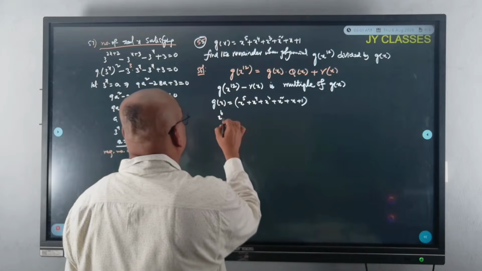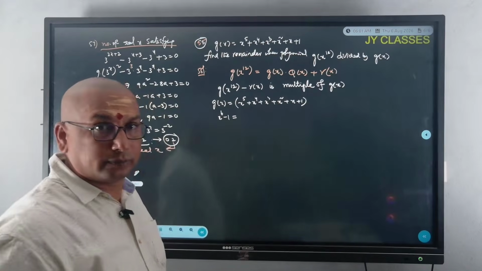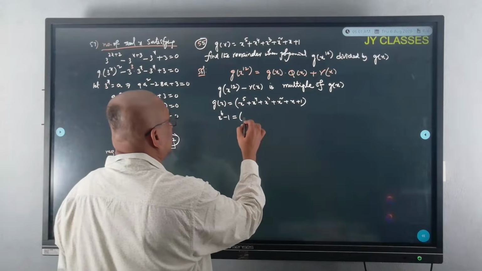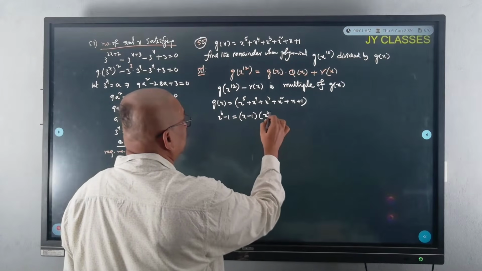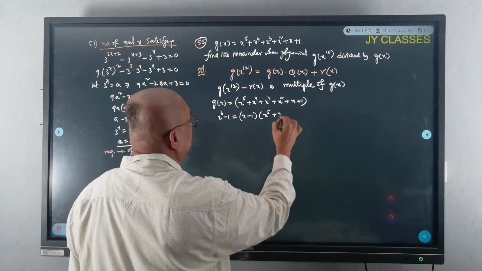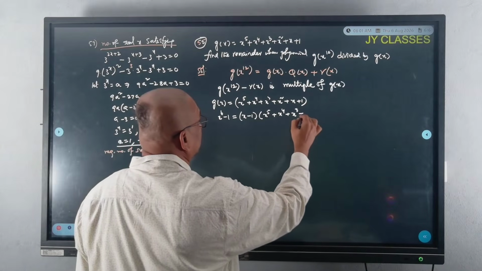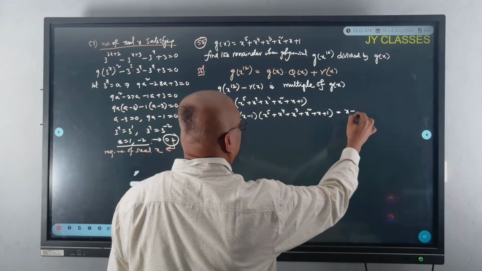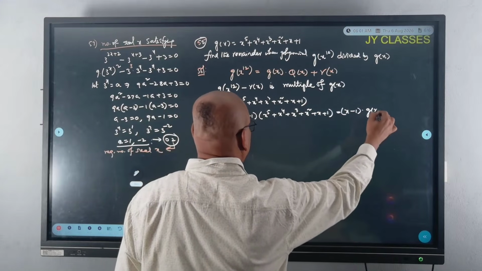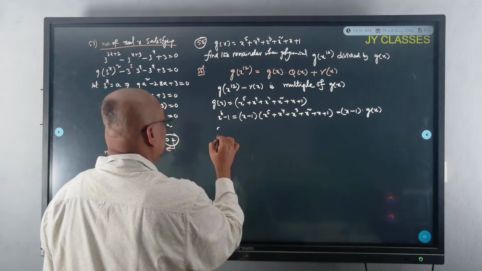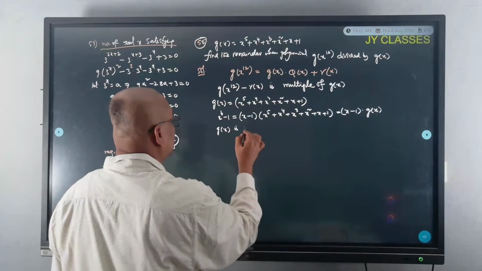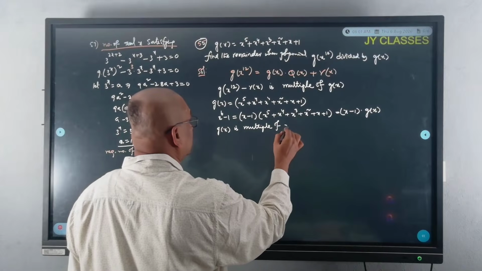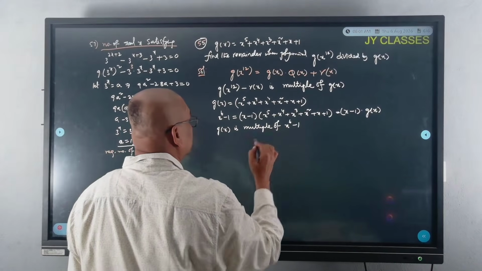Now x power 6 minus 1 is equal to x minus 1 into x power 5 plus x power 4 plus x cube plus x square plus x plus 1. That is equal to x minus 1 into g of x. Therefore g of x is multiple of x power 6 minus 1.